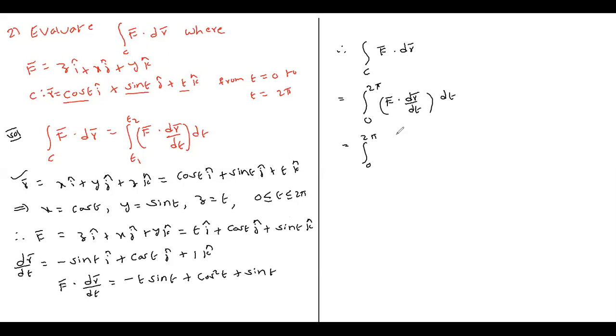It is sin t minus t sin t plus cos square t dt. So this is the integral from 0 to 2 pi, or you may write it as (1 minus t) into sin t dt plus the integral from 0 to 2 pi of cos square t dt.